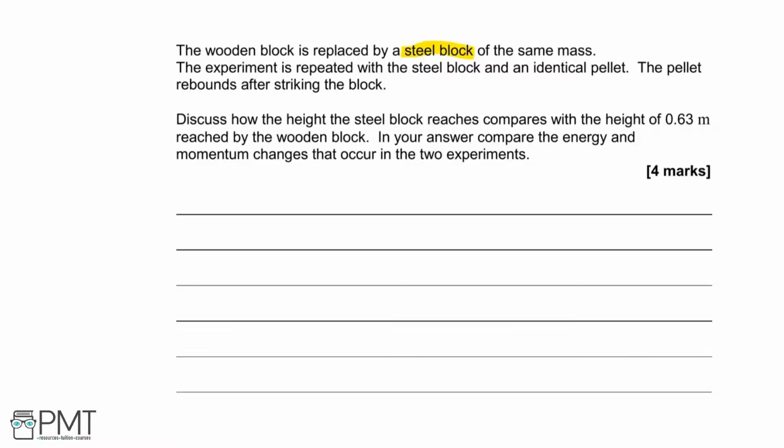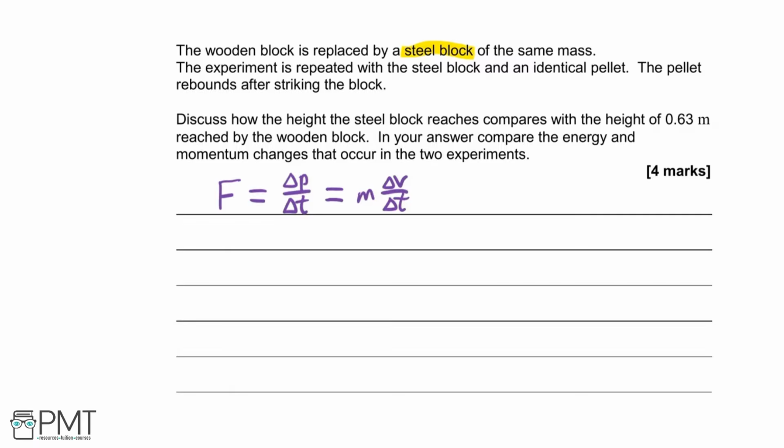Now, one thing to note here is the use of Newton's second law of motion, which is this. The force is the rate of change of momentum, or you could also write it as the mass multiplied by the rate of change of velocity, or mass times acceleration.